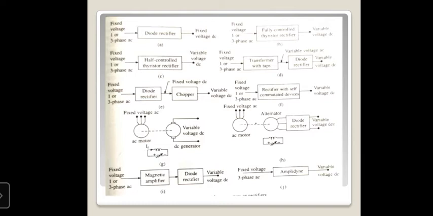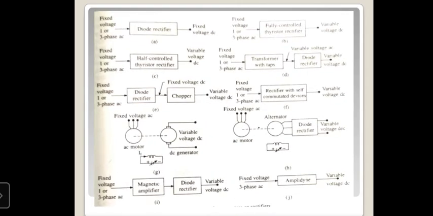The source type is AC, and the output type is variable DC. First we use a diode. That means the AC voltage is converted into fixed DC.